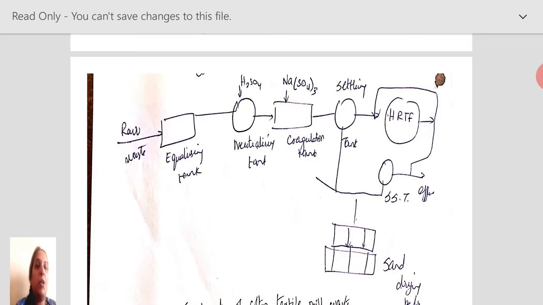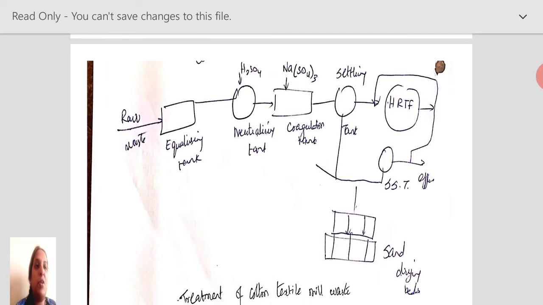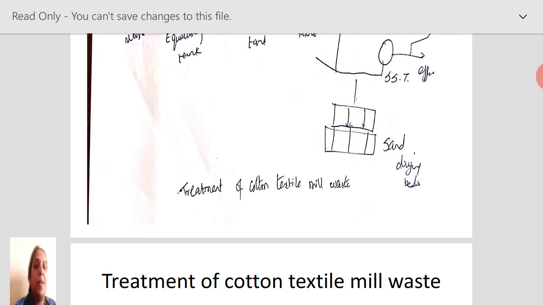Then it is taken to the coagulation tank, where a coagulant is used, so that all the substances get coagulated and flocculated, and settle down in the settling tank. Further it is taken to the trickling filter, or any other secondary treatment process depending upon the industry, then to the sand drying beds.